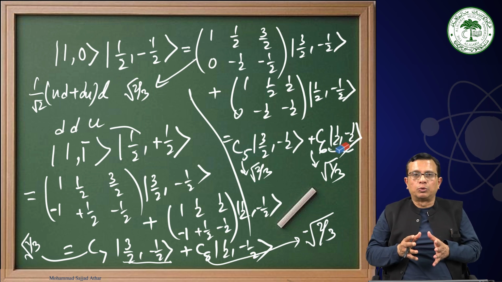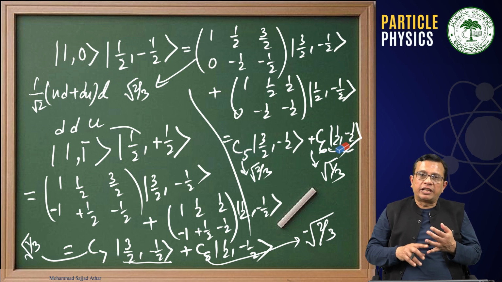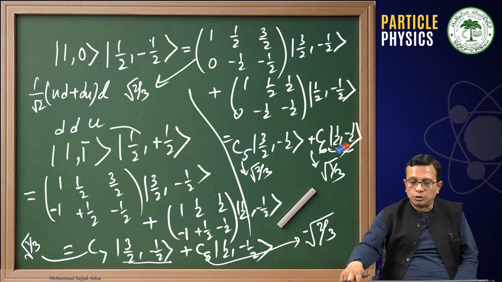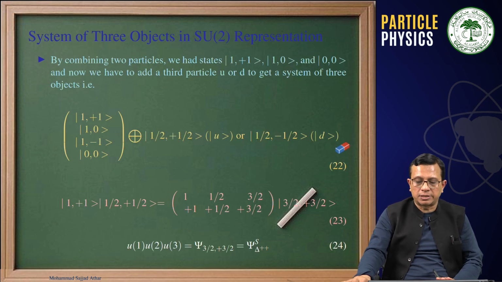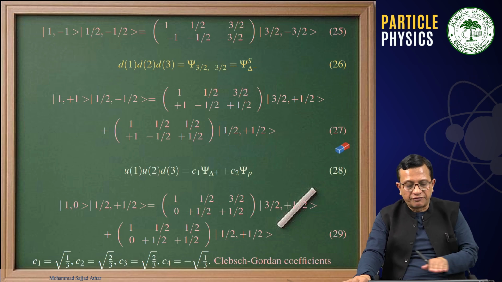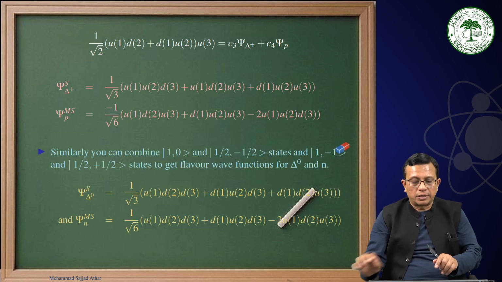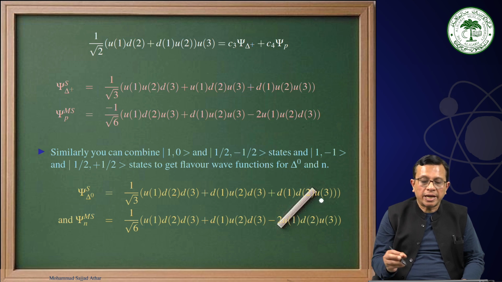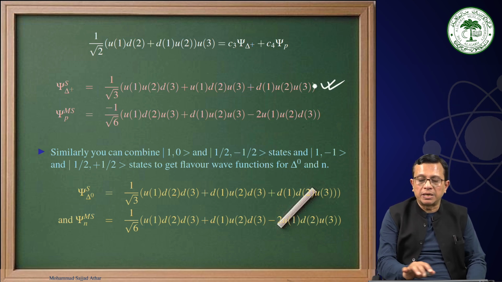Again you have two equations and two unknowns, and those are the flavor wave function for delta 0 and the flavor wave function for the neutron. Therefore, this is what we have discussed. Now this is described in these notes for C1, C2, C3, C4 as we discussed yesterday. Then for delta 0 and neutron, we are writing this. Again notice this delta plus wave function, this is again completely symmetric.